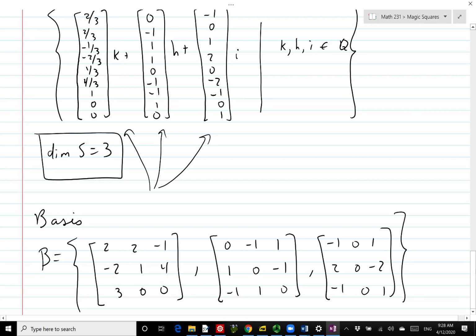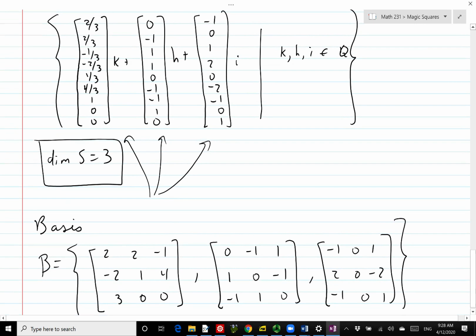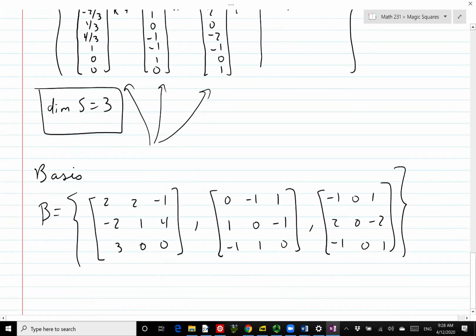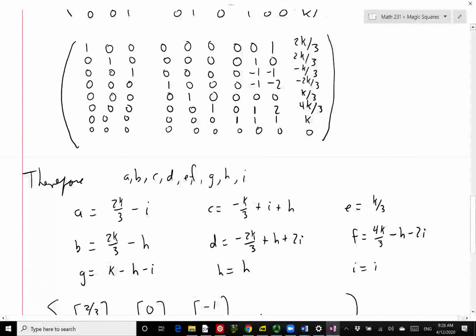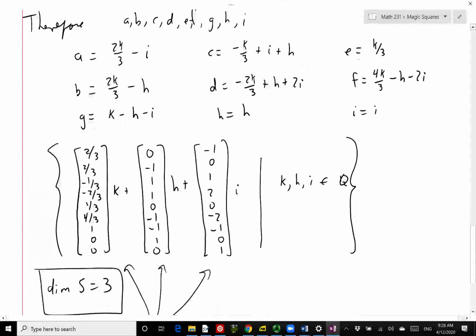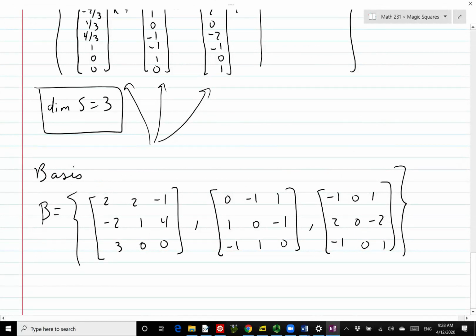So these three matrices are linearly independent because, well, we could just calculate the row-reduced echelon form, but that's already up here, and we can see that you would get the identity. And all of them are magic squares. The first one, every row adds up to 3, every column adds up to 3, and the two diagonals add up to 3.